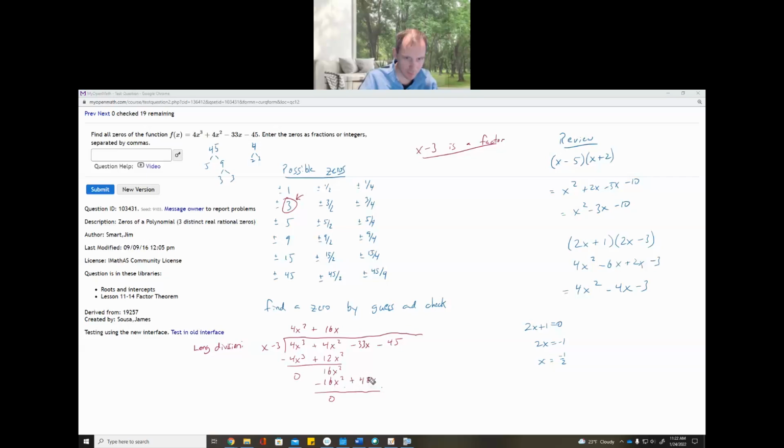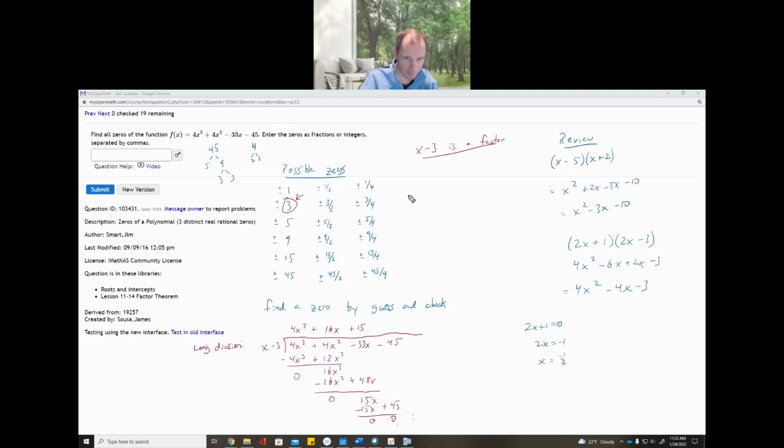So now we have 48x plus a negative 33x gives me a positive 15x. Okay, what do I multiply x by to get 15x? I have to multiply by a positive 15. So then I'll get 15x. 15 times negative 3 is negative 45. Change the signs and add, and I get no remainder, so it factors evenly.